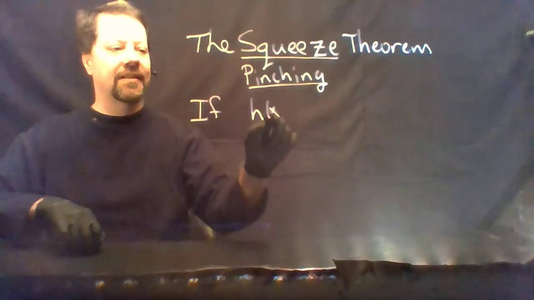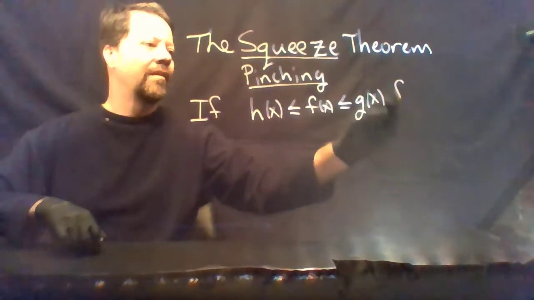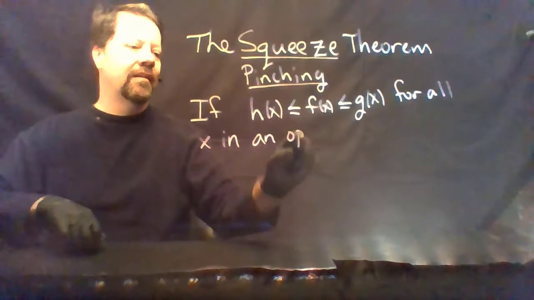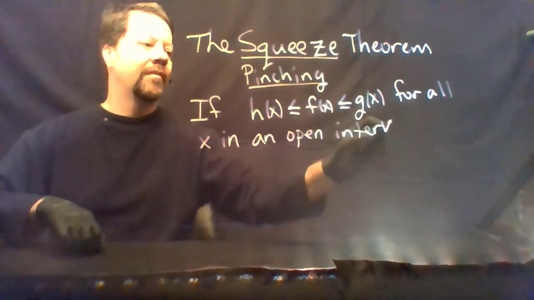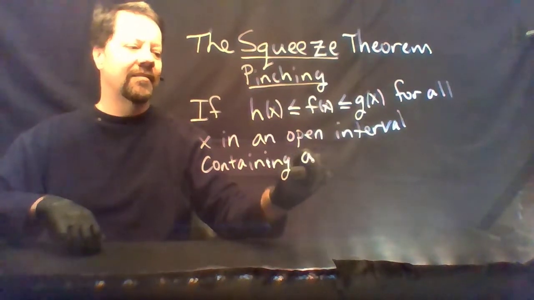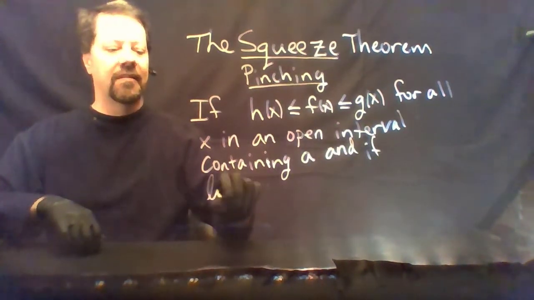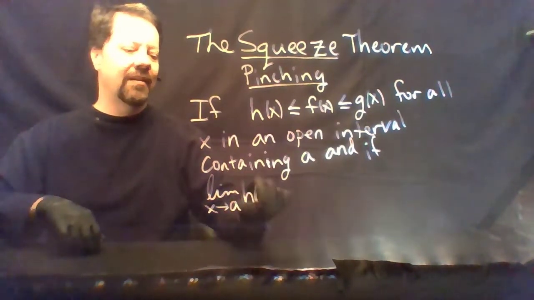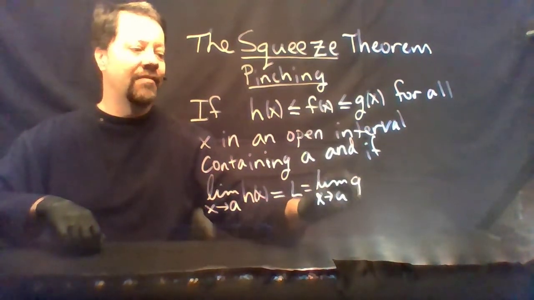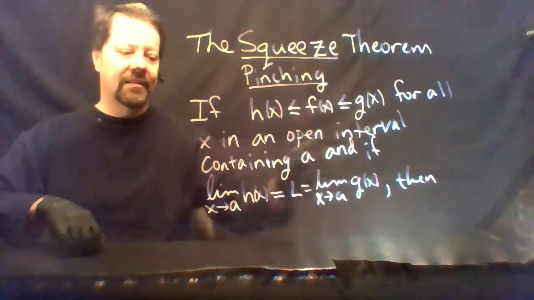If h of x is less than or equal to f of x, is less than or equal to g of x, for all x in an open interval containing a, the point x equals a, and if the limit as x goes to a of h of x equals L, and that's the same thing as the limit as x goes to a of g of x, so that the limits on the left and on the right are the same.